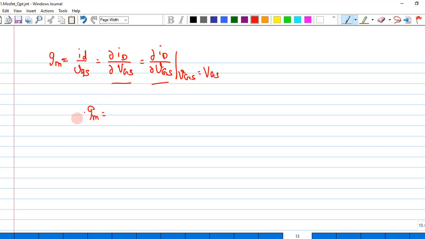I want to derive the expression for this GM, due to which I take a derivative of the ID term for a constant value of VGS. Now, what is this ID? How will I write this ID? I could write it as half Kn dash W by L, VGS, composite only I have to write it, minus VT the whole square.